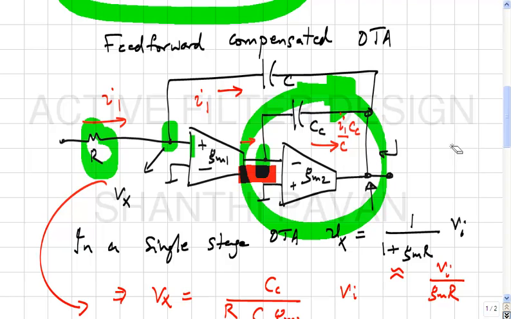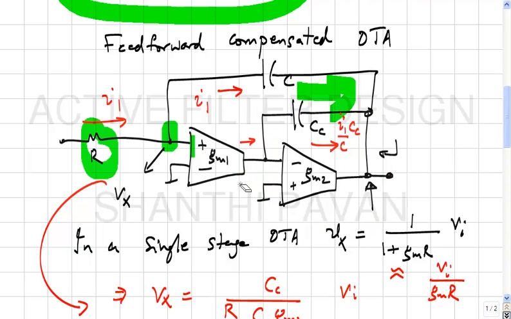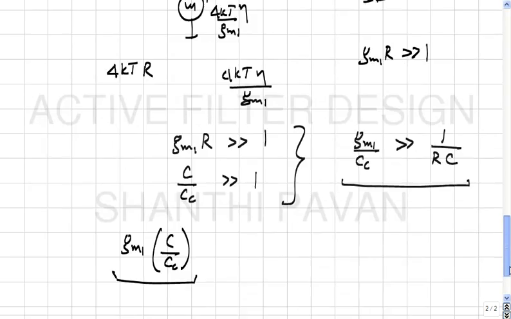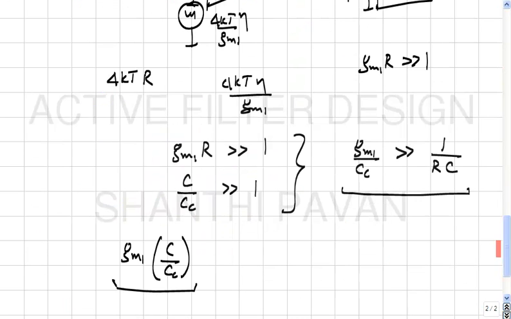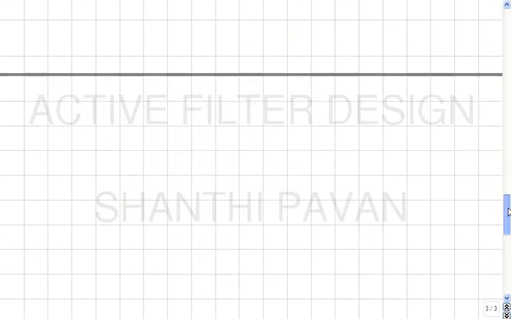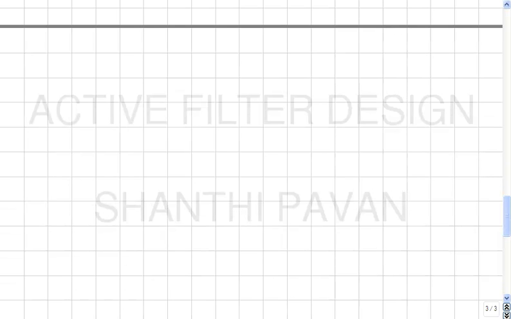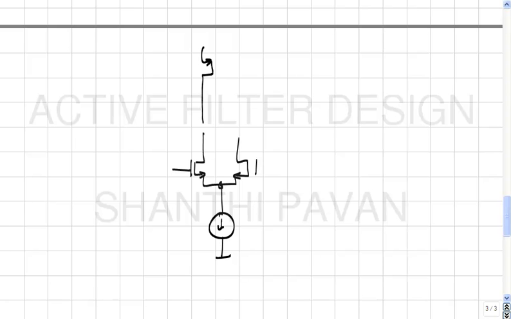All right. So, implementation wise, we were talking about this when the last class ended. I will only draw half the circuit.